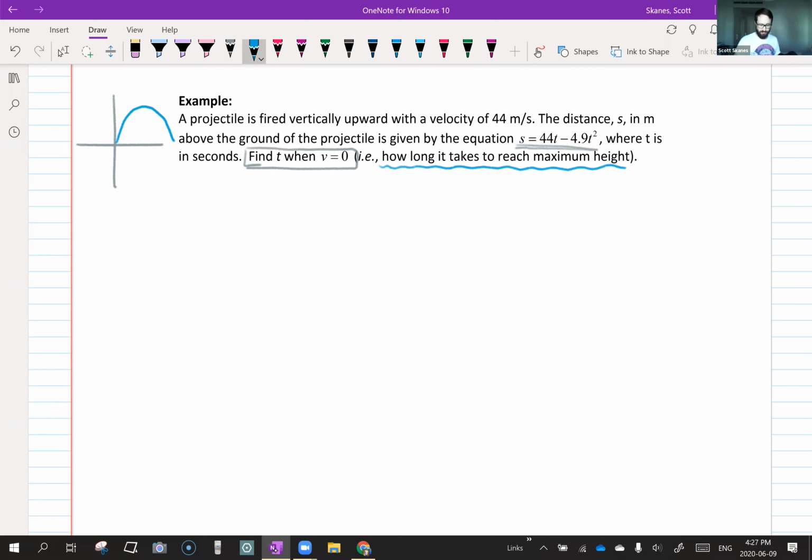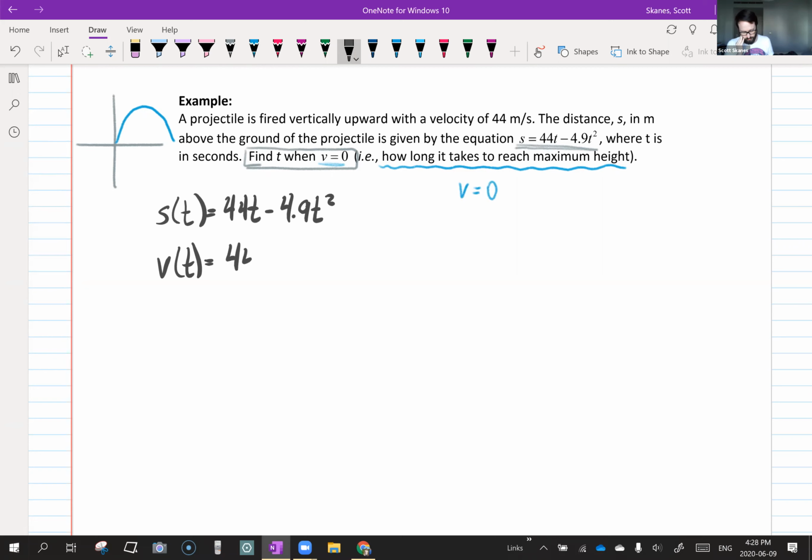You might actually remember this from physics. When something's at maximum height, v is 0. That's how we know this. But let's just assume we didn't know that. So if s, or position, is this, if this is position, velocity is the first derivative. 44 minus 9.8t.